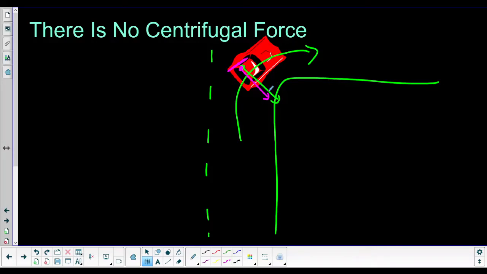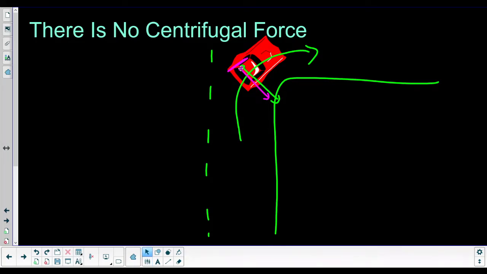The car door is pushing you towards the center of the circle. You are not being pushed into the car door. Let that sink in, right? I think this is a little confusing. You aren't pushed into the car door. The car door is in your way, and it's pushing you towards the center of the circle because it's solid.